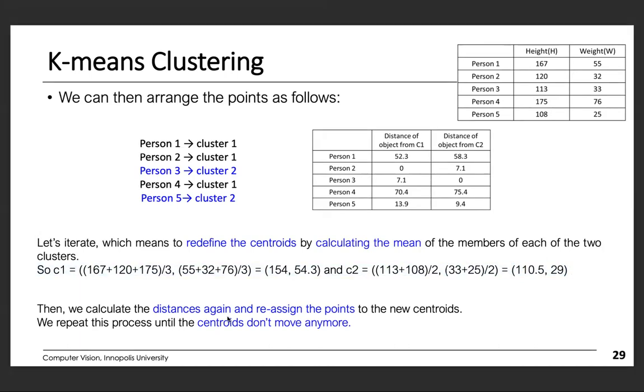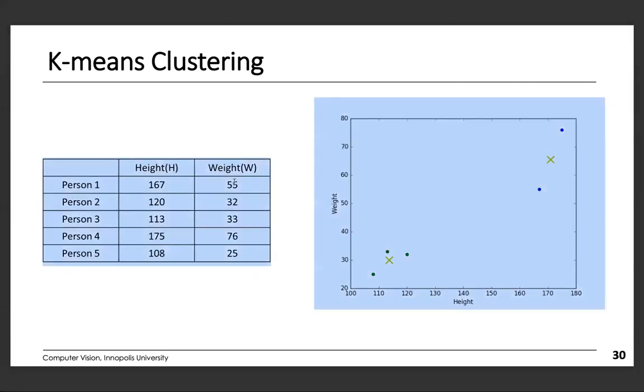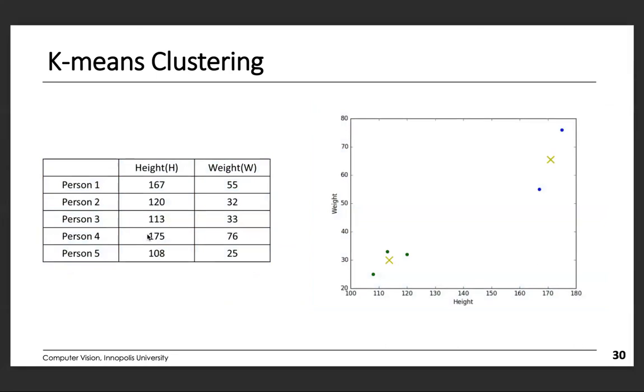Then we calculate things again and see that they don't really move. And this will give us the 2 clusters in our data. So these were the data points that we used. Person 1 was a bit tall and a bit heavy, so like an adult. Person 4 was also a bit tall and also heavy because he was an adult.